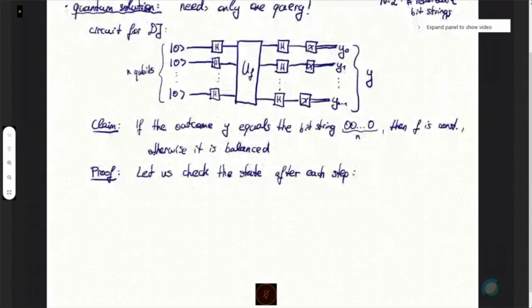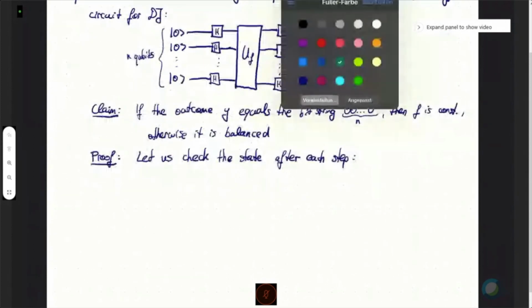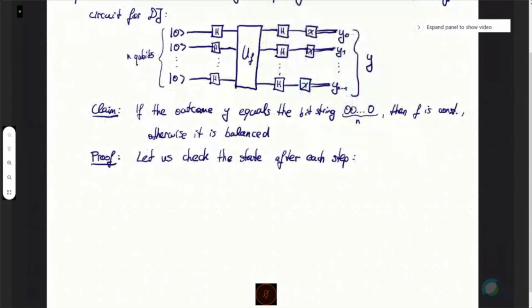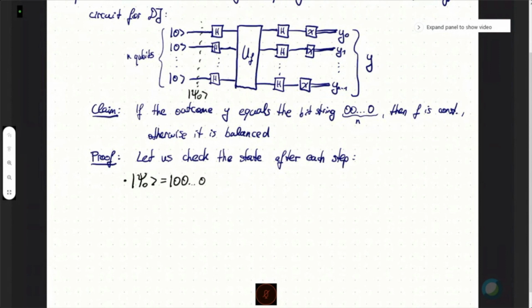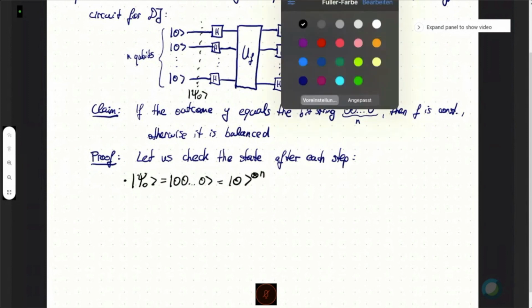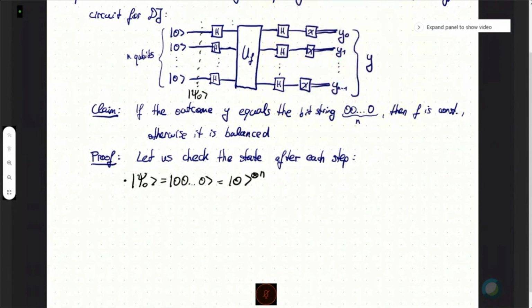Let's start here. Here we have our state psi 0. Now psi 0 is just the 0-bit string because all qubits are initially in state 0. We can also write that as 0 to the power n. Okay, that was easy.